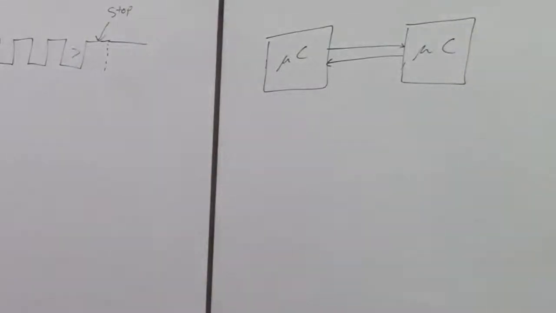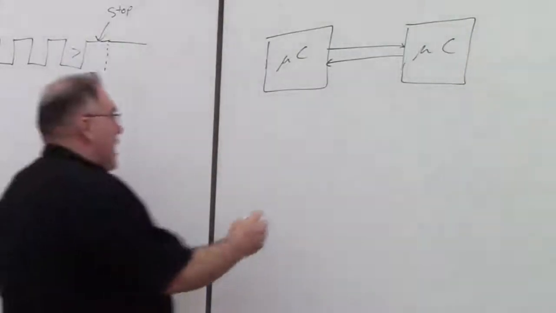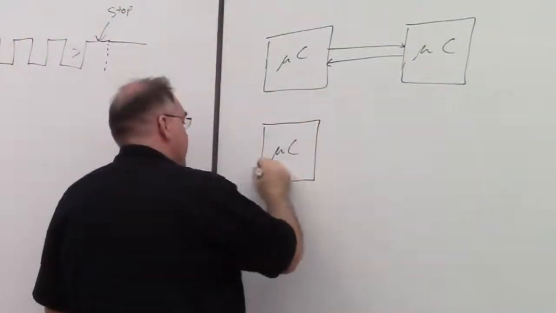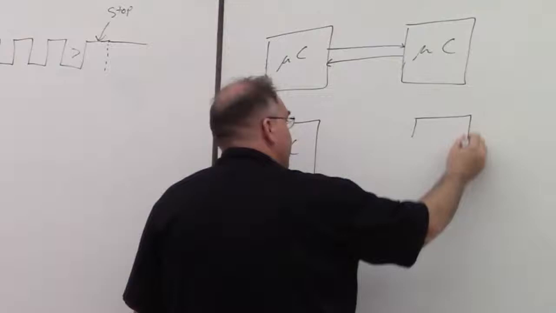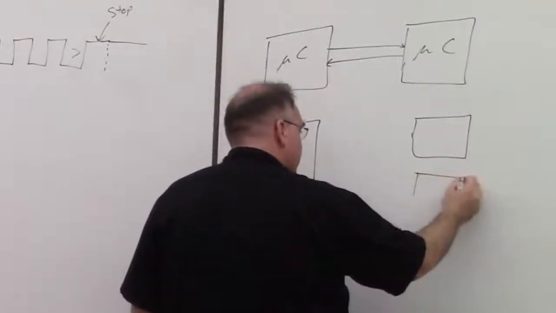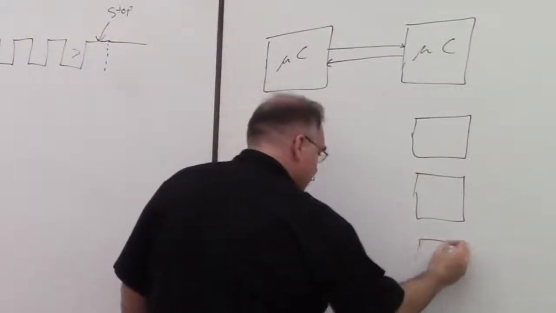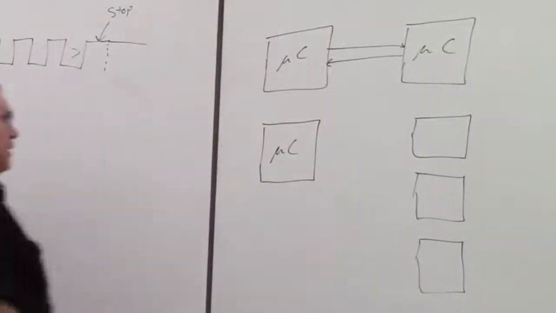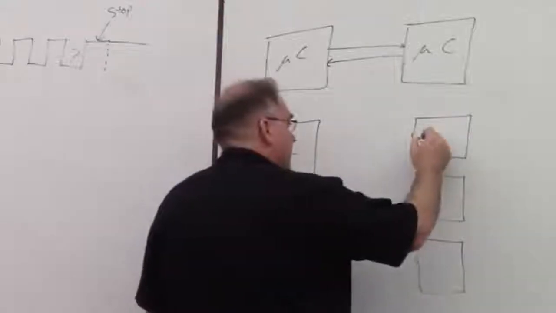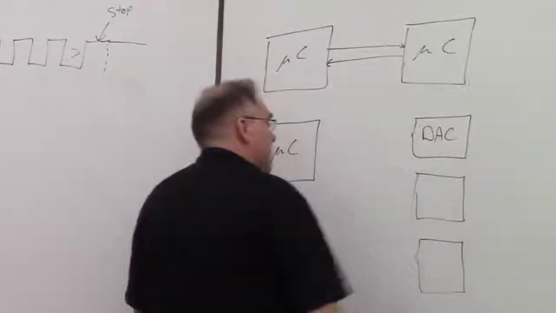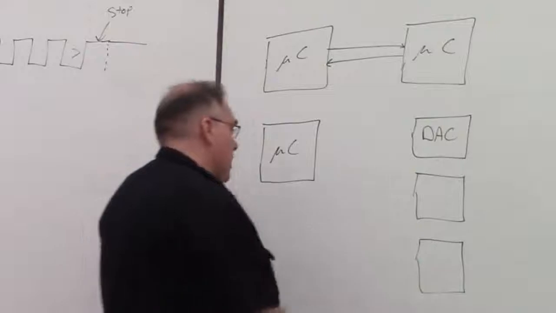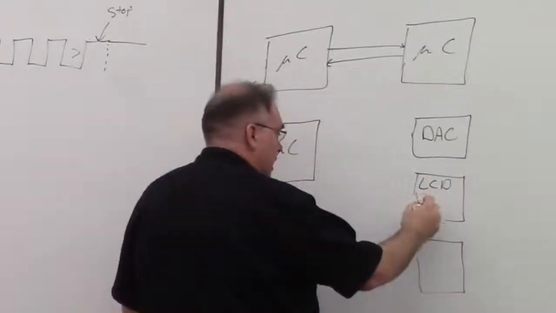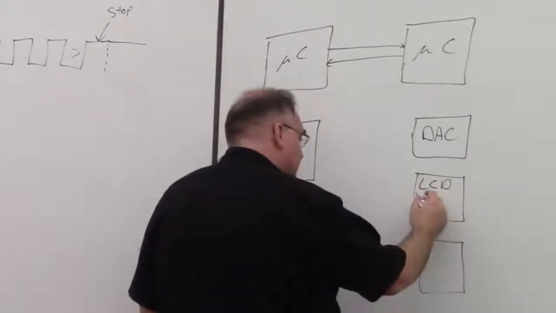With SPI, though, you could have multiple devices. So here's your microcontroller, and you could have multiple chips out here. So in this particular lab, we're going to have a DAC. And in the next lab, we are going to have an LCD display that we talk to using chip registers.